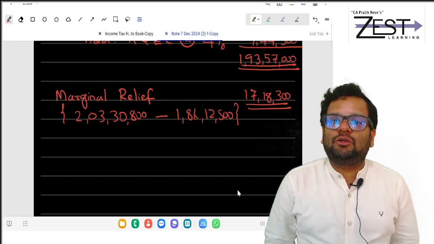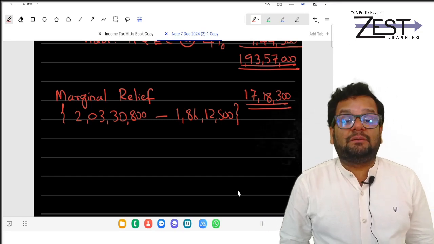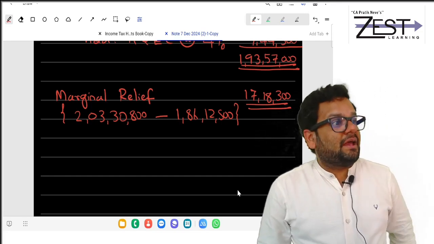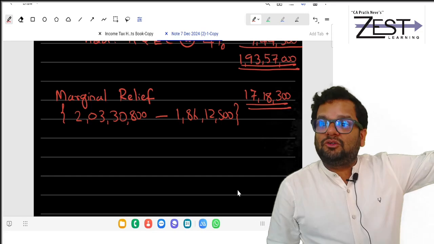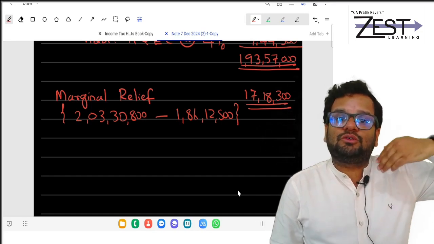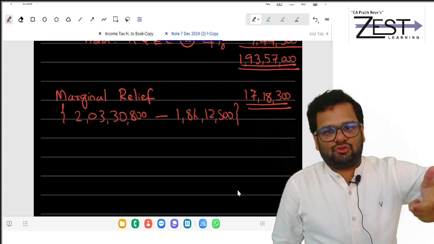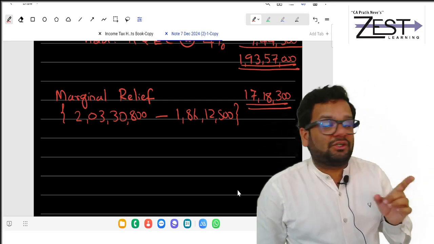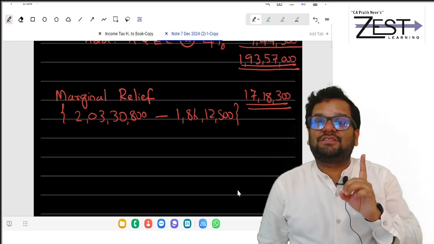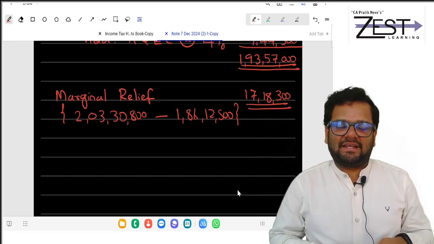So tomorrow what we'll do? Rebate under 87A. Rebate means discount. Like on very high income, surcharge is calculated; on a lower income, they are ready to give you some rebate. That rebate we will discuss tomorrow. Plus, of course, we will start with the topic of the first head, that is your salaries. That's it. Thank you.